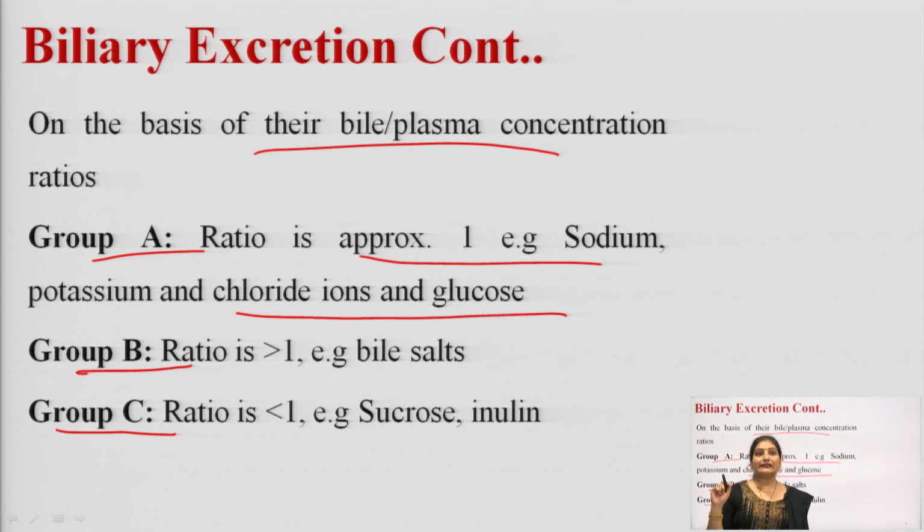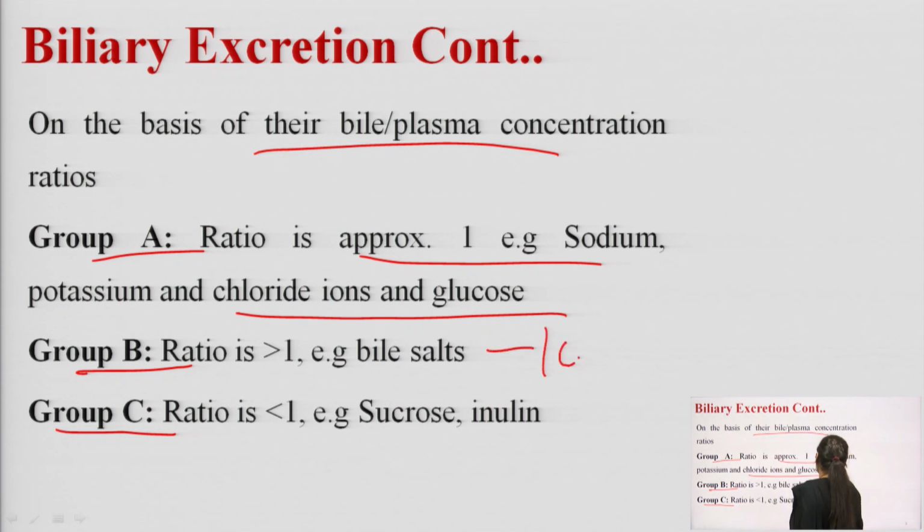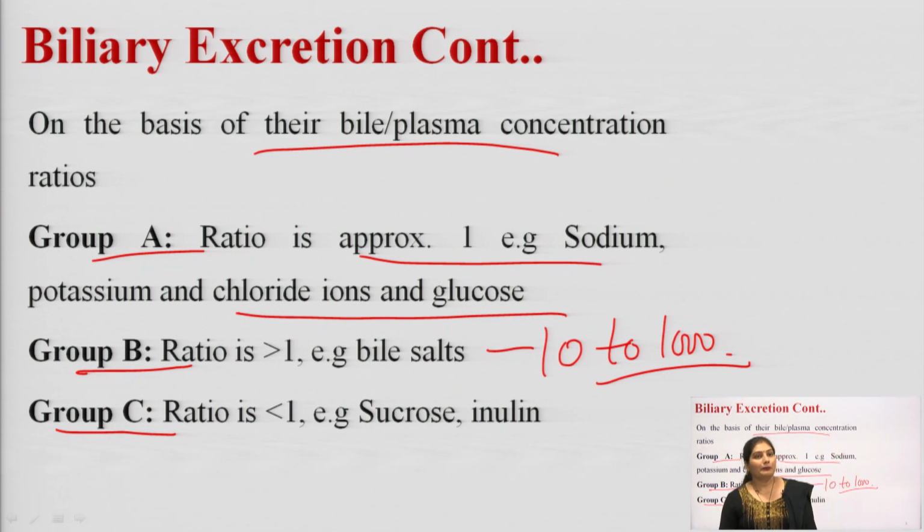The next category is group B. In group B, the ratio of bile to plasma concentration is more than 1, and this ratio can vary from 10 to 1000. For example, bile salts, creatinine, bilirubin, glucuronide and conjugates.